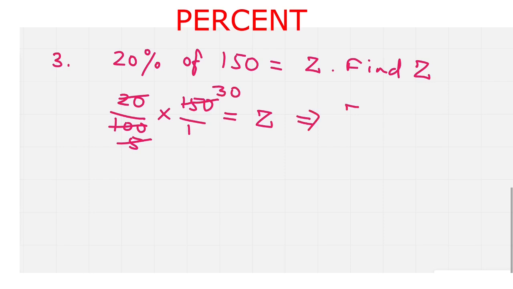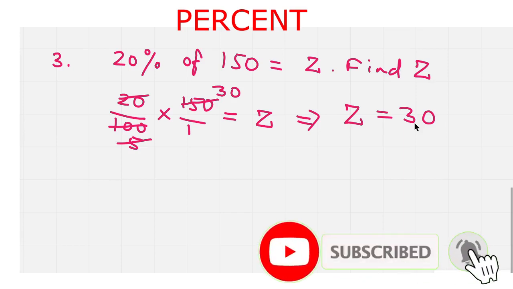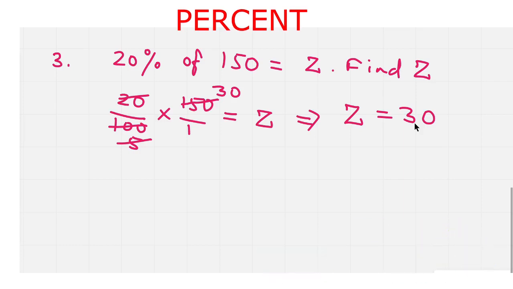This gives z equal to 30. This way, if any two from x, y and z are known to us, we can calculate the third one. If x and y are given, we can calculate z. If y and z are given, we can calculate x. And if x and z are given, we can calculate y.